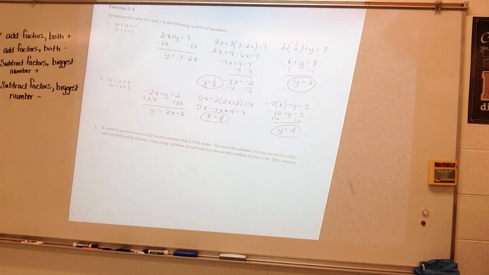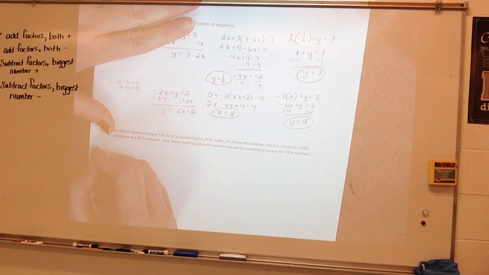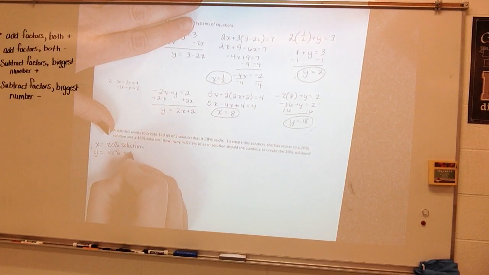Alright, so we can solve this using a system of equations. We have to identify our variables. Alright, so we've got a 20% solution, so we'll let x equal the 20% solution. And we'll let y equal the 45% solution.